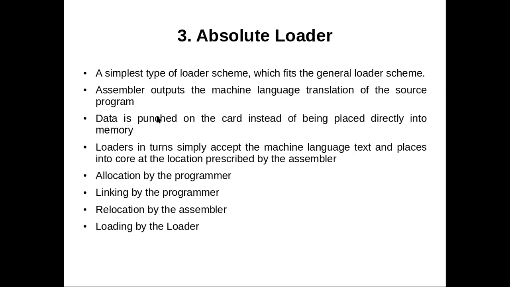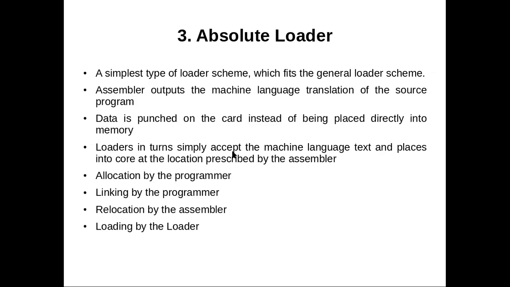Then, the output of the assembler will be punched on the object card, and this is called the object deck or object program. This object program will be received by the absolute loader and loaded into the memory address specified by the programmer in the assembler program.